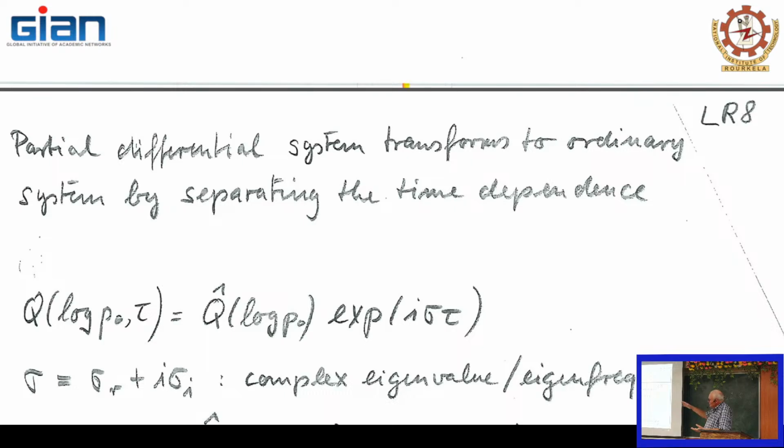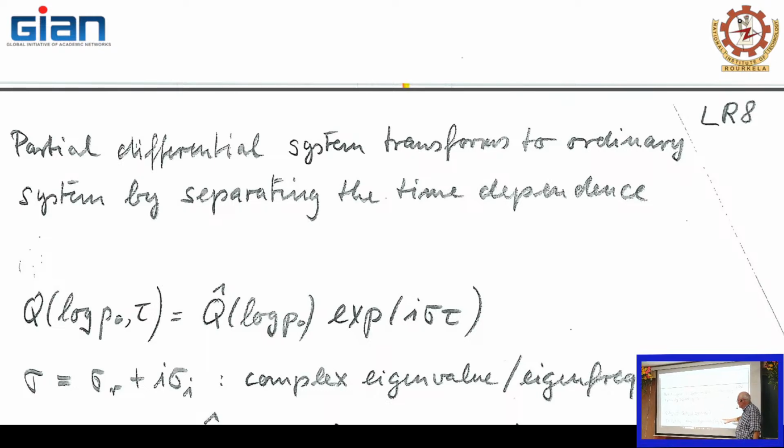By separating the time dependence according to an exponential, we can get rid of the time dependence and solve it only in terms of log p or the mass mr. So what we try as a solution is that q, which now depends on log p naught rather than mr as before, and time t, has a part of the solution which only depends on the spatial coordinate.